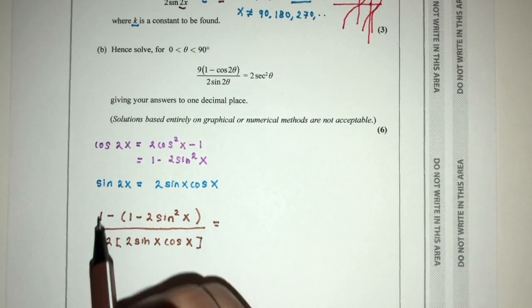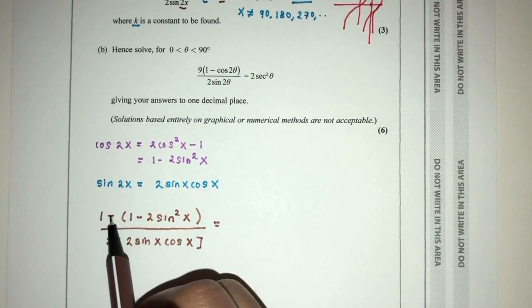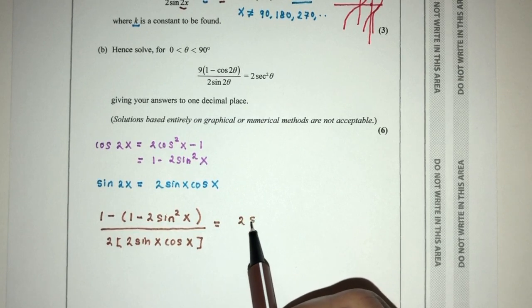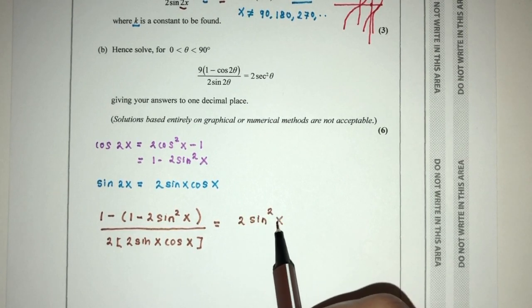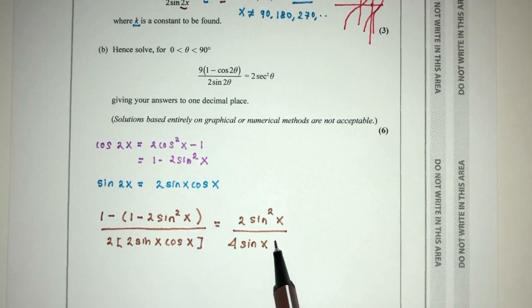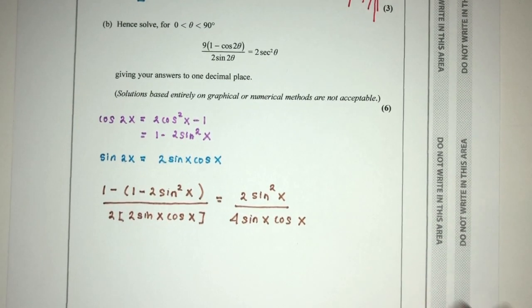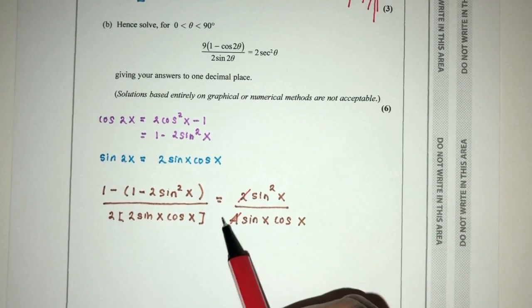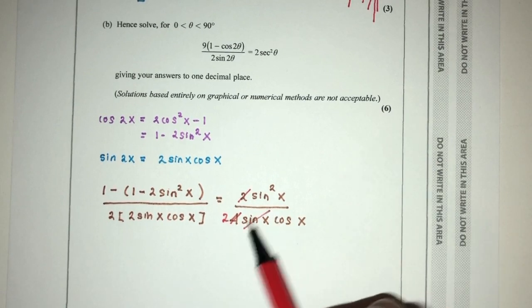Now simplify. That will become 1 minus 1 is 0, and this becomes plus 2 sine square x over the value of 4 sine x, and then here we have cos x. Now simplify. This will cancel out with this, and this will cancel out with this.